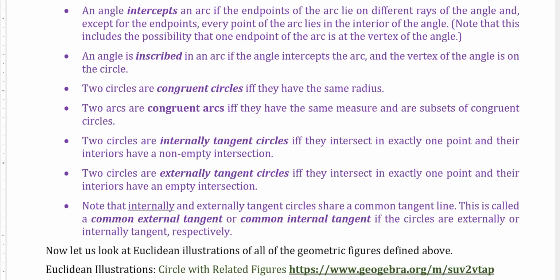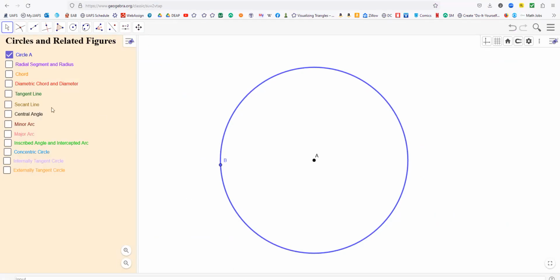Okay, so let's look at that picture. So here's an inscribed angle and intercepted arc. So here the vertex is on the circle, and then we have an inscribed angle there, right? You have an intercepted arc.